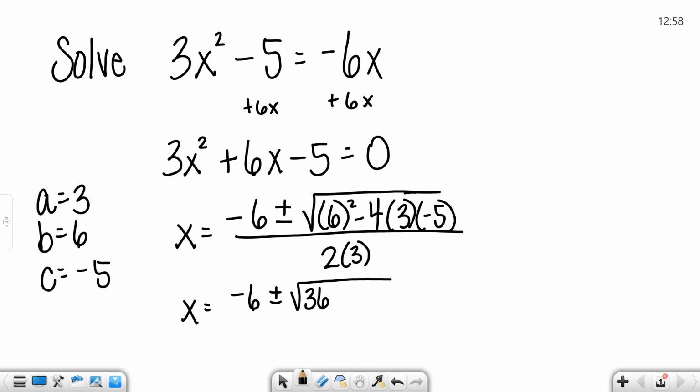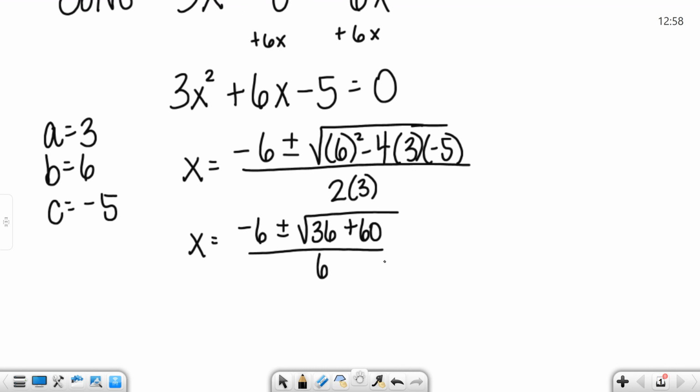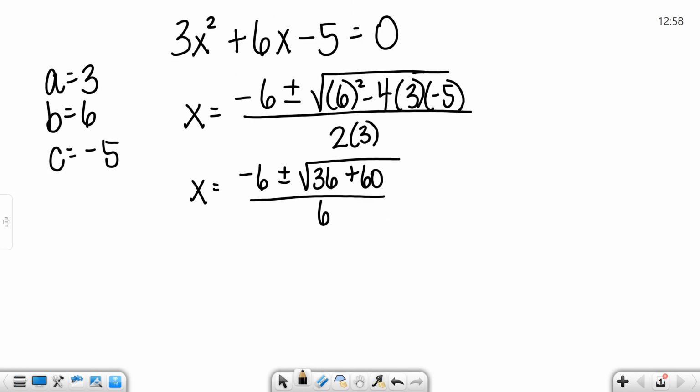And then when I multiply negative 4 times 3 times negative 5, I end up with positive 60. 2 times 3 is 6. Okay, I can add that 36 and 60 to get the square root of 96.